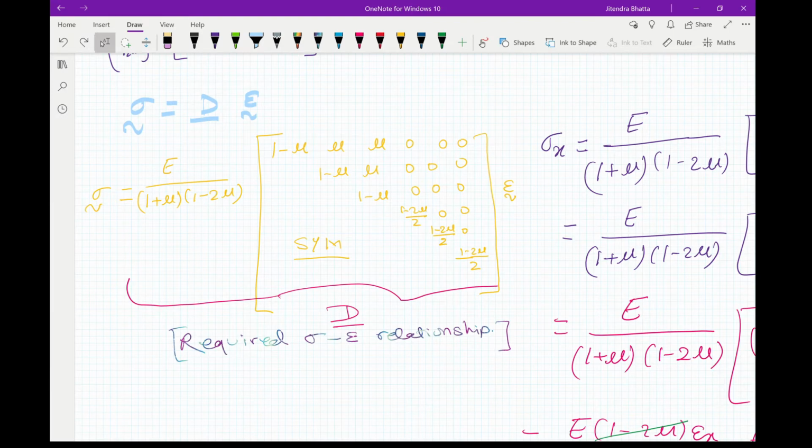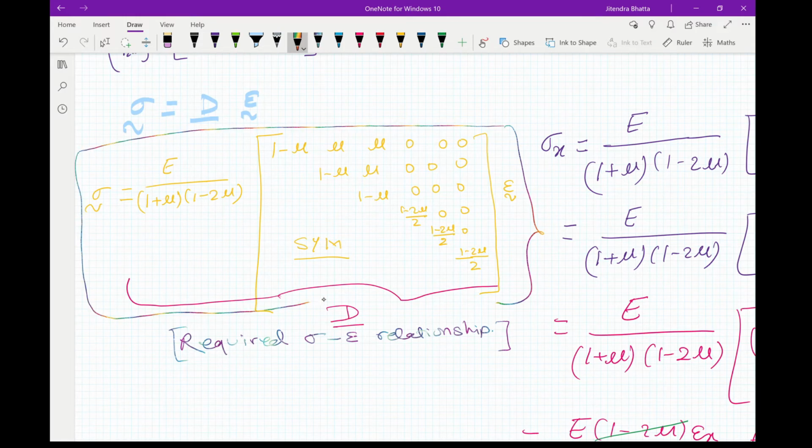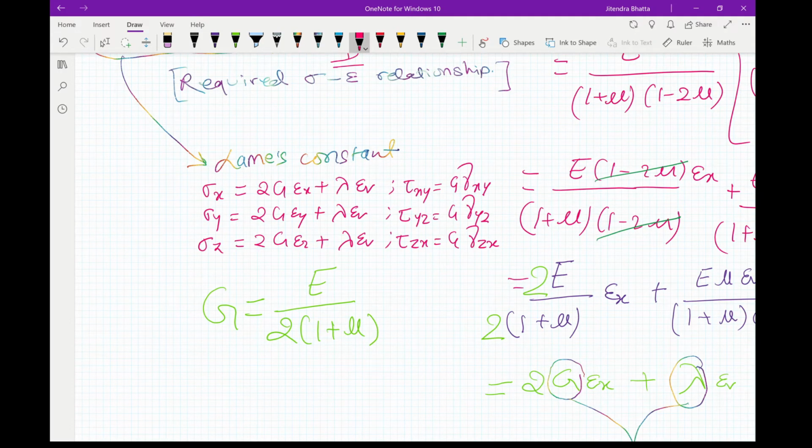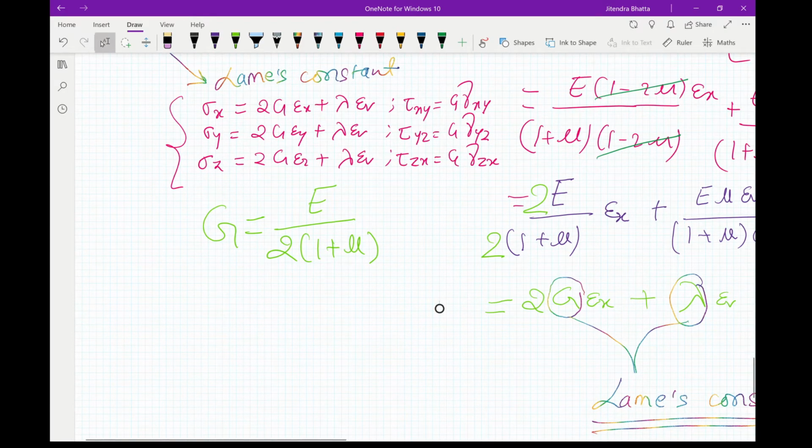If you want to write this expression using Lamé's constants, these are the relations, which is generally easier to express.